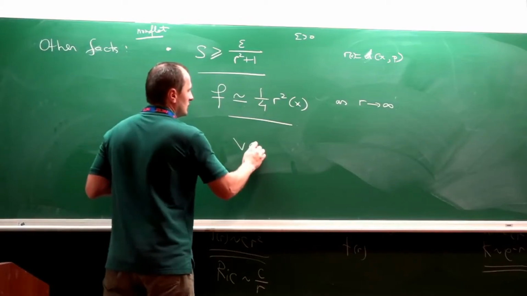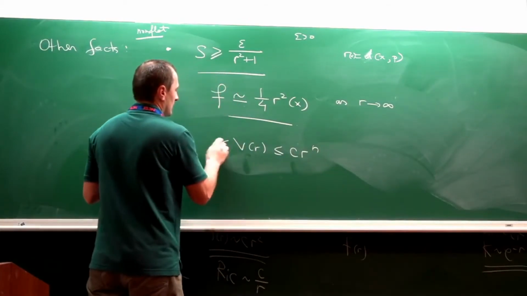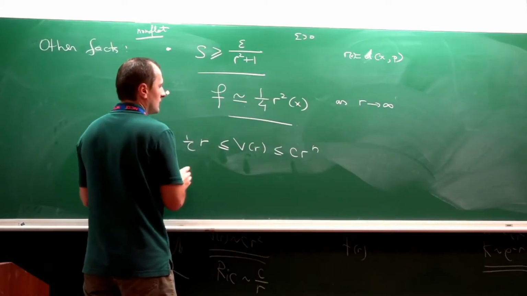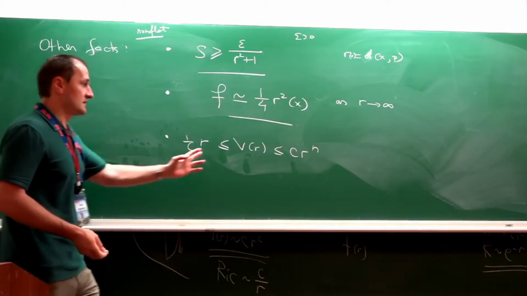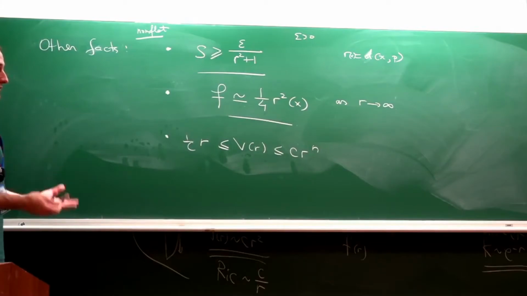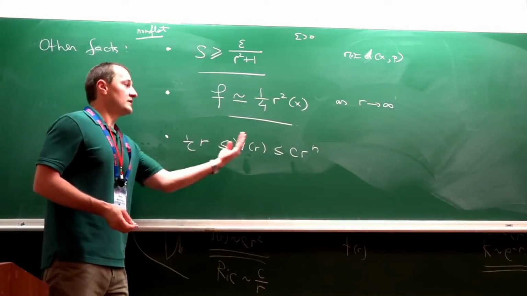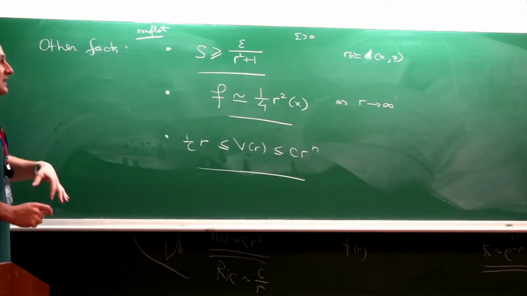And the volume of the ball of radius r, so this is a name for the volume of the ball of radius r, is at least linear, at most polynomial. So these are not trivial.